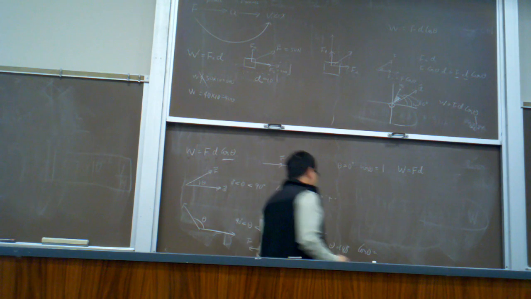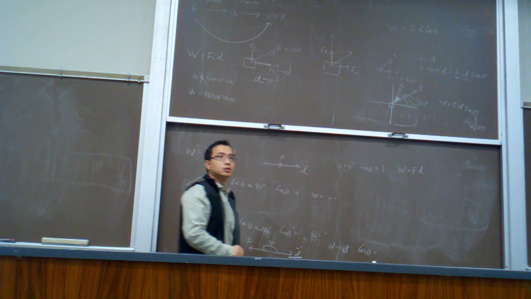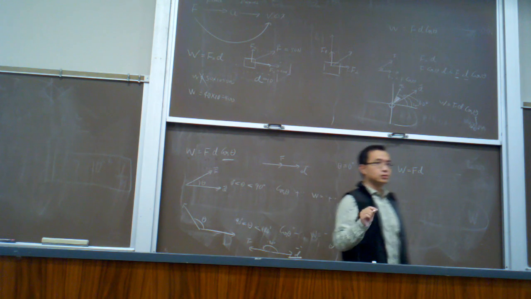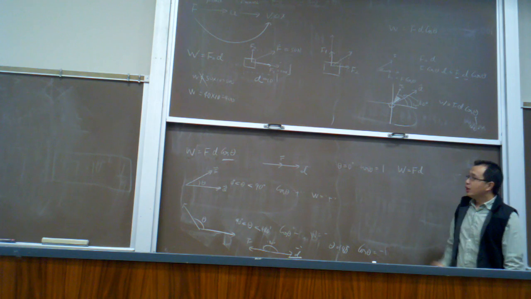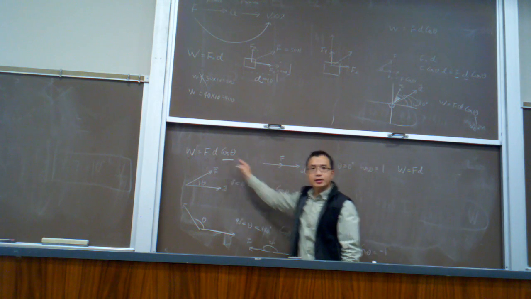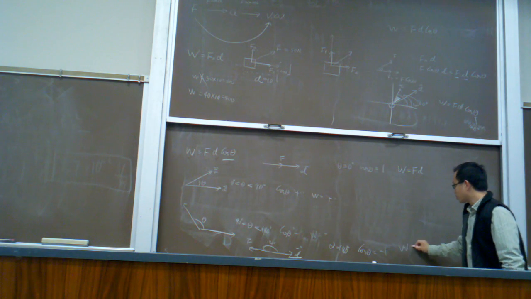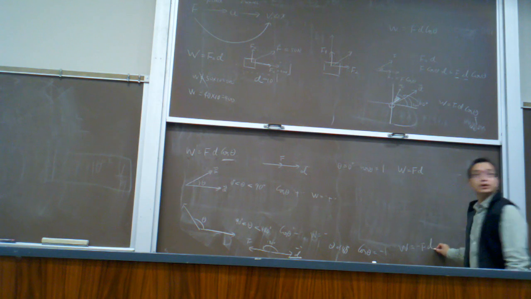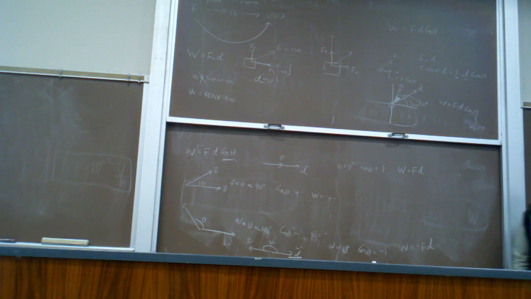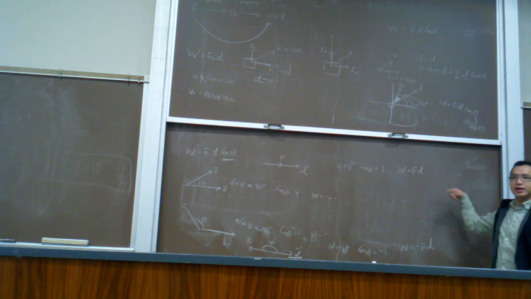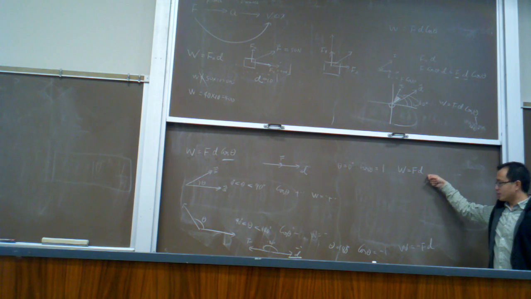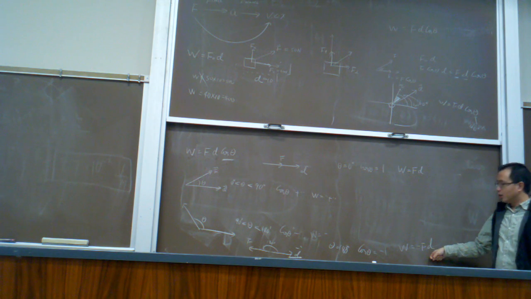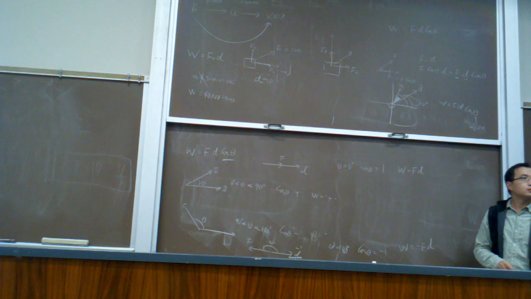You remember cosine 180 degrees? Negative 1. If you put negative 1 here, then W in this case equals negative Fd. So there are some special cases. If you know that it's in the same direction or in the opposite direction, you can directly write down the work in this form or this form without looking at the angle.